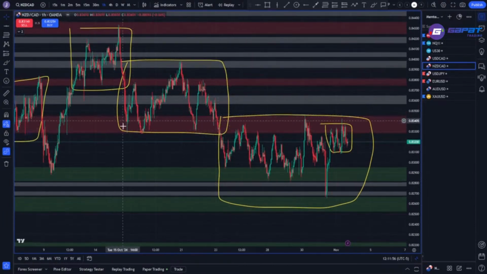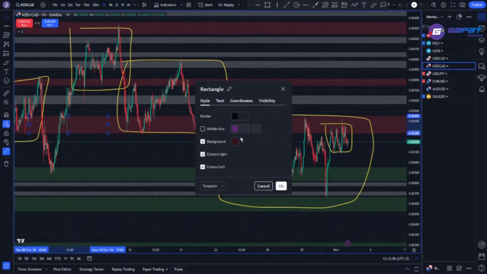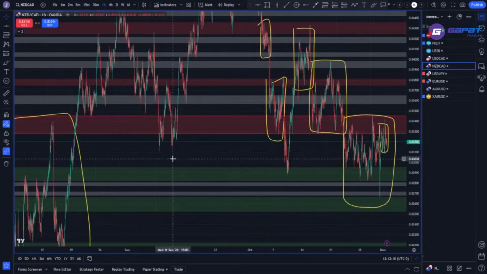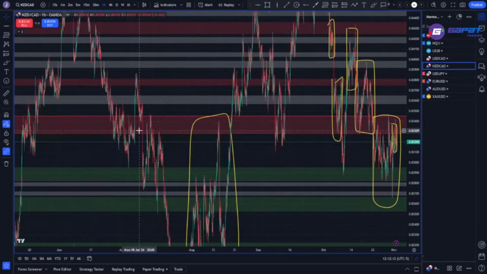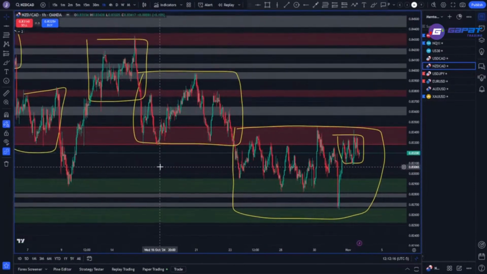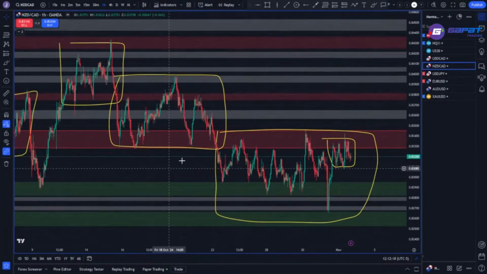So balance area low, balance area high. This is a bull bear zone. This is a very, very important inflection point. Look how many times it's been used as support and resistance in the past, and multiple balance area lows and highs. Very important.